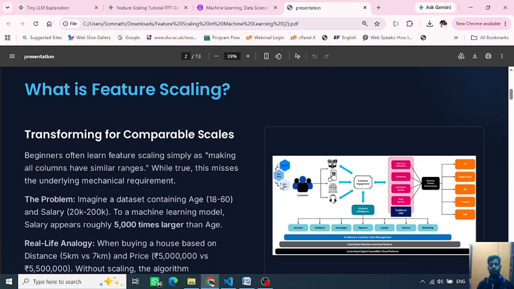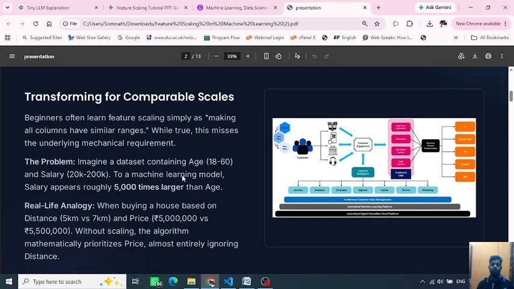So what is feature scaling? As I said, feature scaling is actually making all the columns have similar range of your data set. So imagine a data set containing age 18 to 60 and the salary 20k to 200k.